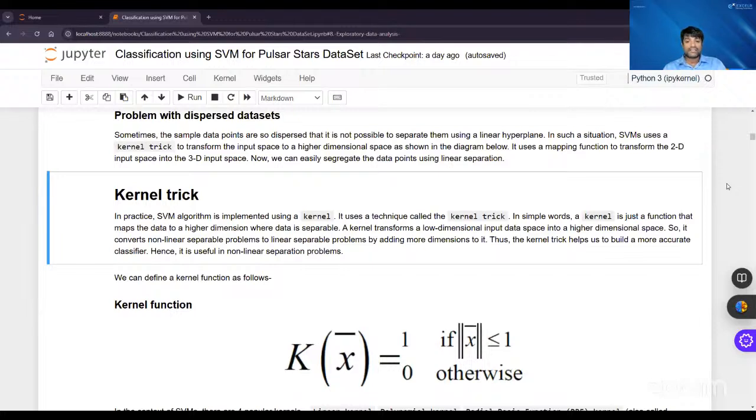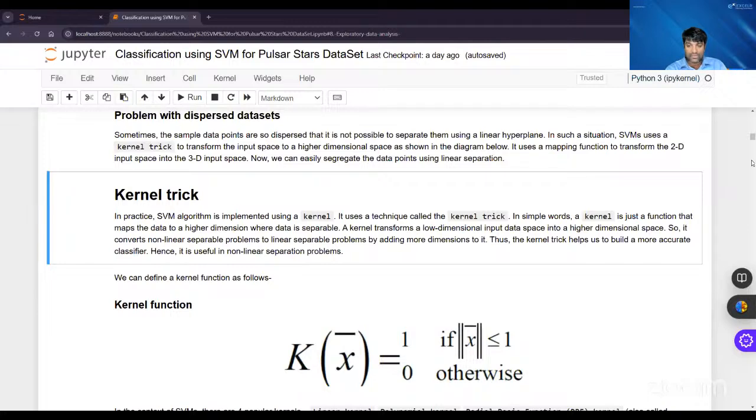Why we call it a kernel trick is that after converting from the lower dimension to the higher dimension, how correct a mapping it is able to do, whether it is able to create data separability or classify correctly in the higher dimension. Based on that, it is called a kernel trick.